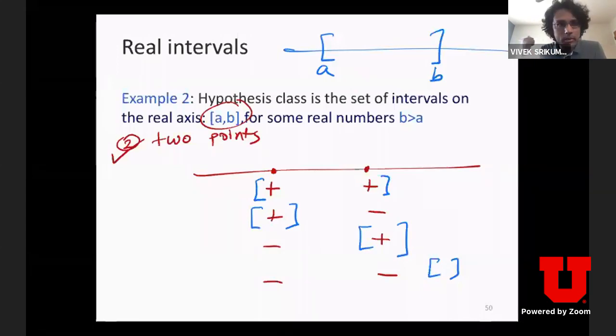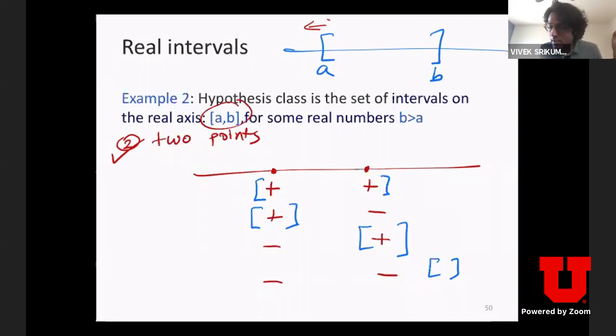The only difference between this set of functions and the previous set is that in this set, the left end of the interval is not fixed. We get this freedom of moving A around. In the previous case, A was fixed to 0. And suddenly, this particular set is more expressive.